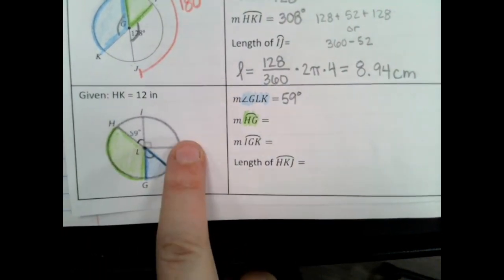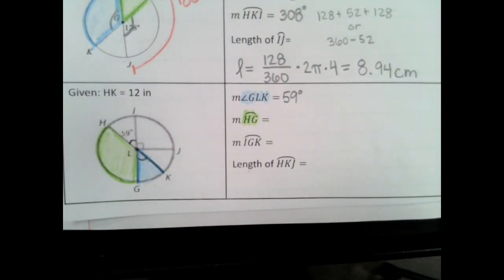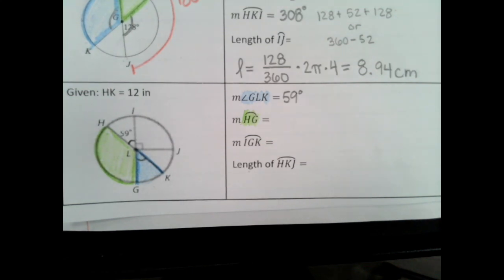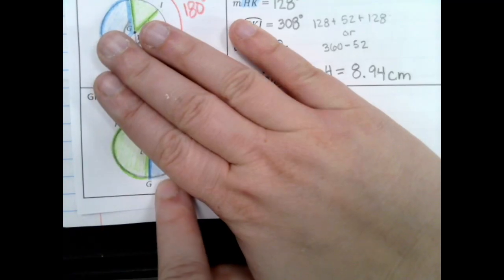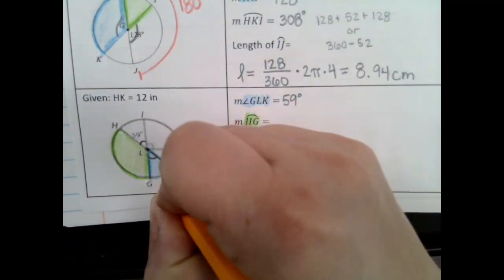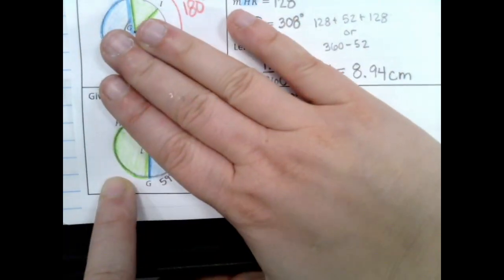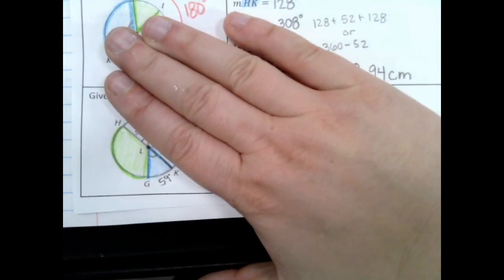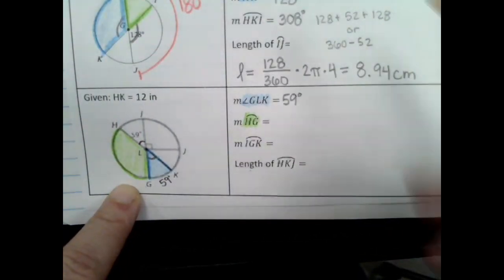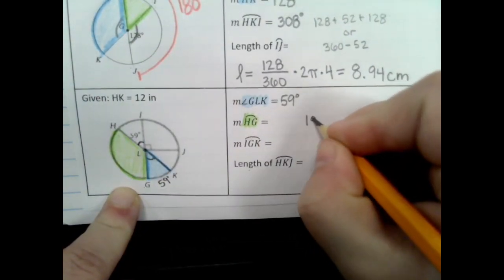So since I don't have a vertical angle, the next thing I'm going to look for is that semicircle. Do I have a place where I can cut it in half? Yeah, where would I cut this in half? Sure, H to K. I know that this blue is how many degrees? 59. So how am I going to find the green? 180, half.